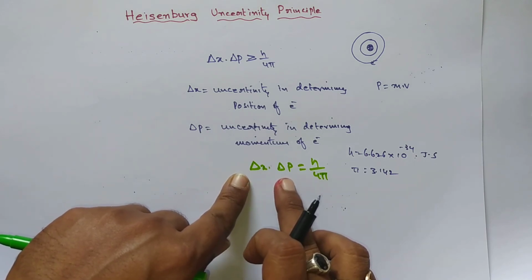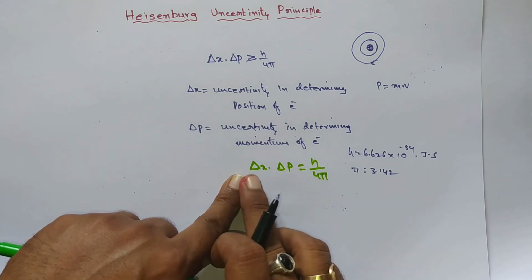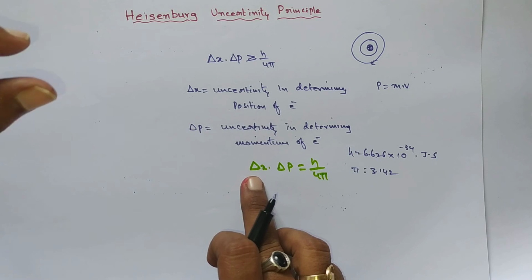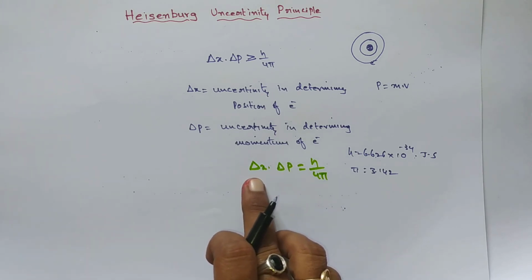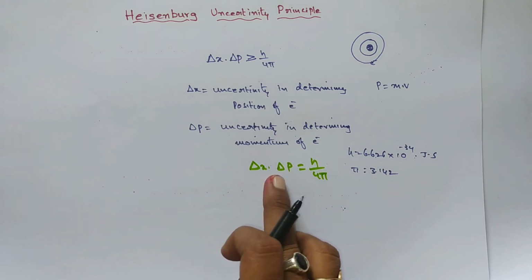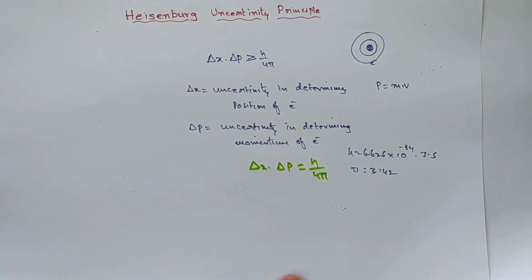That means the certainty of determining momentum decreases. So, if you calculate the exact position of an electron, the momentum of an electron cannot be determined. If you calculate the exact momentum of an electron, the position of an electron cannot be determined. So the product of these two is always constant, that is greater than or equal to h by 4 pi. Okay, clear? So this is about the Heisenberg uncertainty principle.